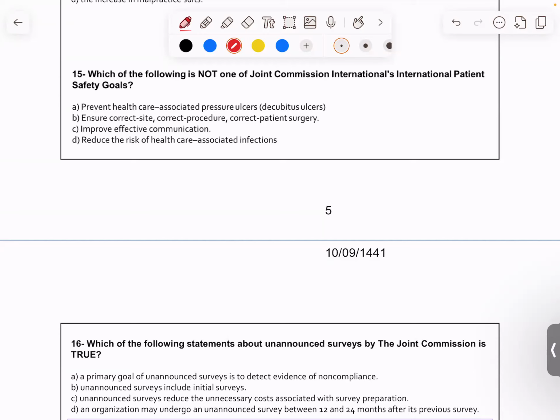D, reduce the risk of healthcare associated infection. What's the answer? Letter A. Very good. Excellent. So reducing the risk of healthcare associated pressure ulcers is not included in the patient safety goals. Number 16.